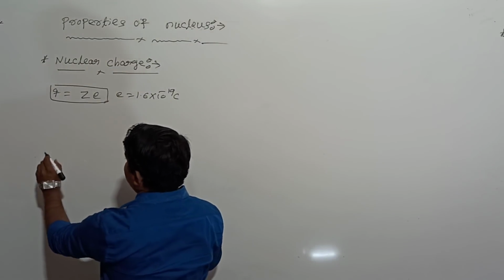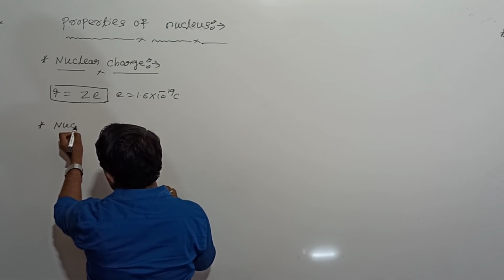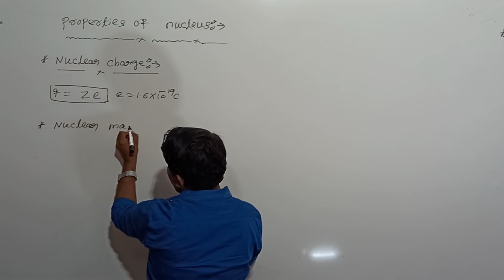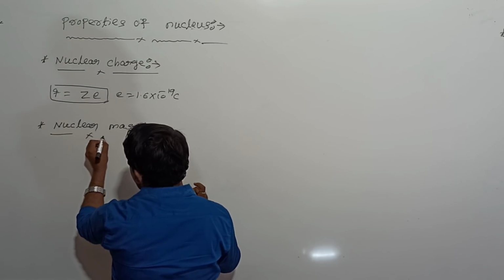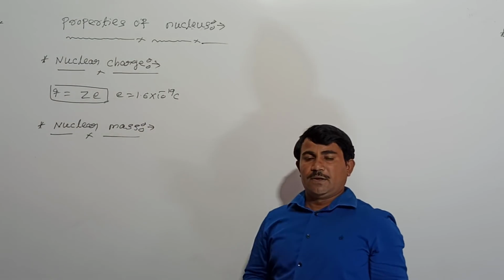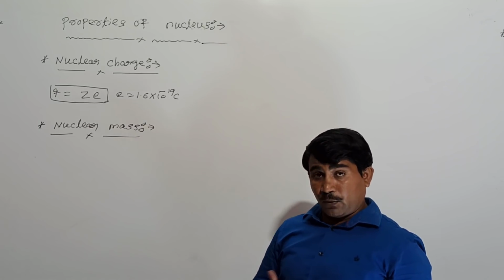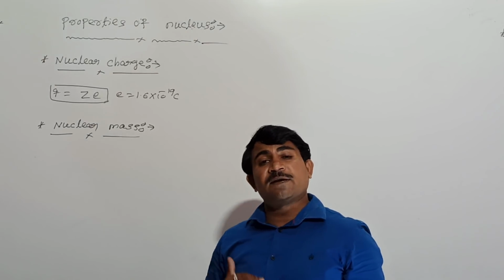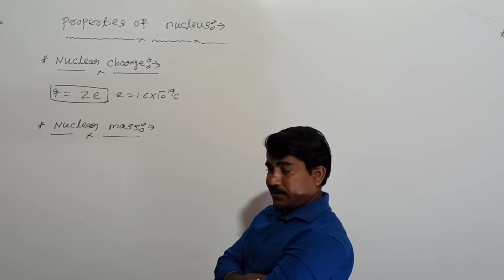Next property is nuclear mass or mass of nucleus. Inside the nucleus, protons and neutrons are there. So, the sum of the masses of protons and the sum of the masses of neutrons, that we are calling nuclear mass here.